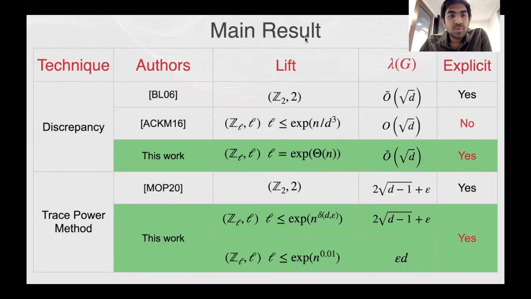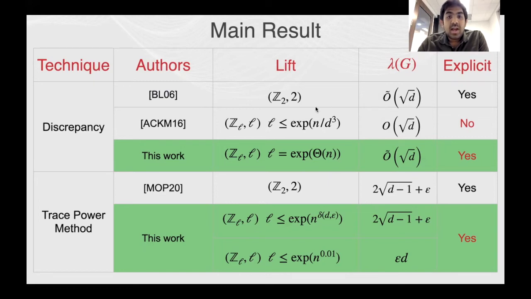And to put this back into perspective, we look at our result as a union of two results. In the exponential regime, when your L is some fixed exponential in n, we can think of this as a generalization of the work of Bilu and Linial. In fact, we use their key lemma, the converse of expander mixing lemma, which gives us a bound very similar to this.